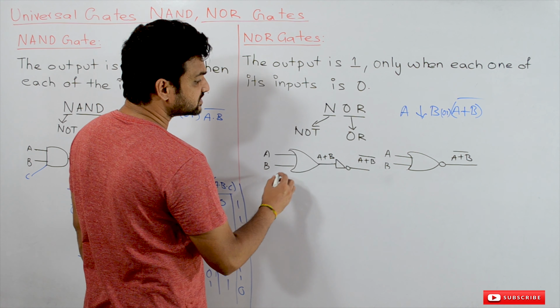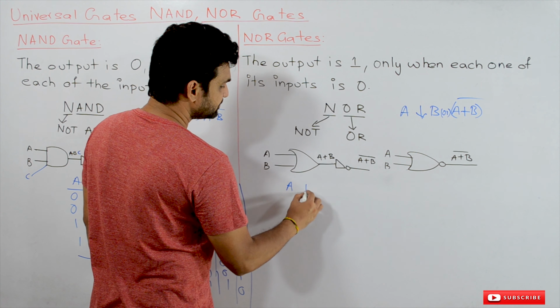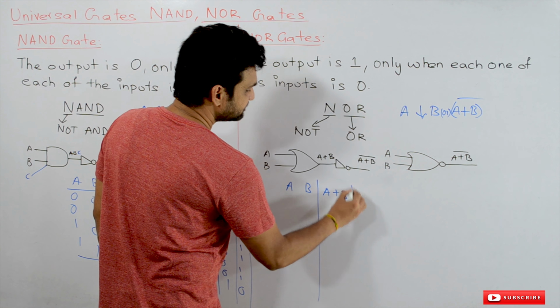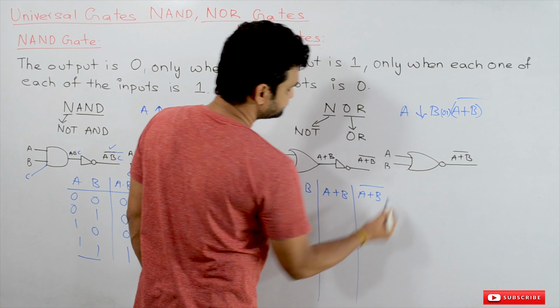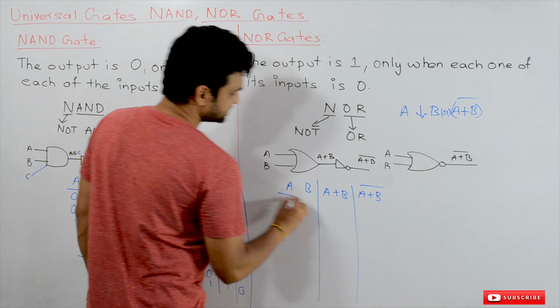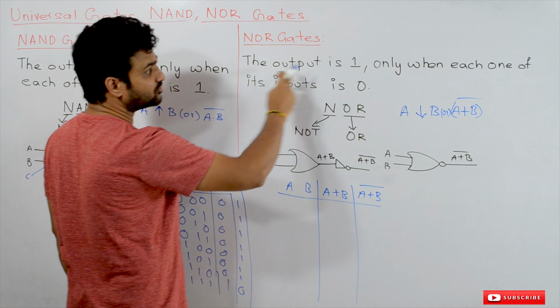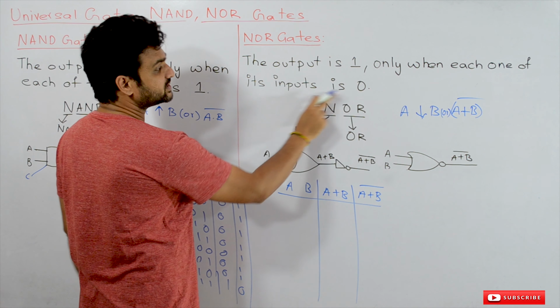Similarly, if you consider the truth table for a 2 input NOR gate, it is A plus B, and we will take the complement of A plus B. So it is A plus B whole bar. What the statement states is the output is 1 only when each one of the inputs is 0.